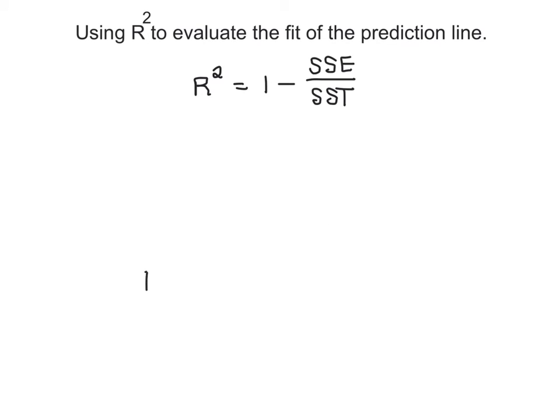If R squared is equal to 0, then we say that there's no improvement over our baseline model. If R squared is equal to 1, then our prediction line is a perfect fit.